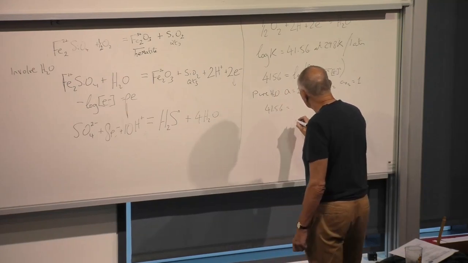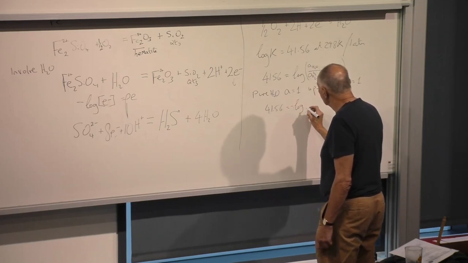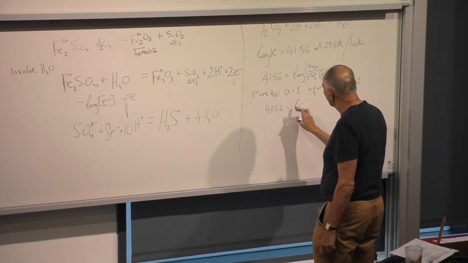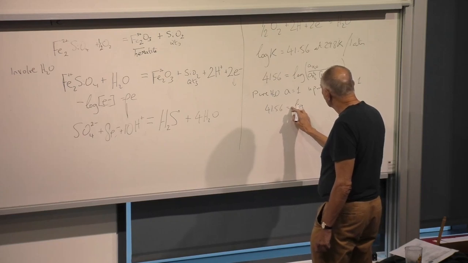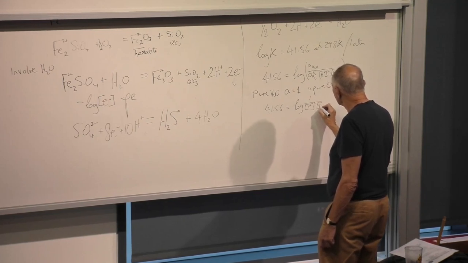equals minus log, let's keep it this way, 1 over H+ squared e- squared.